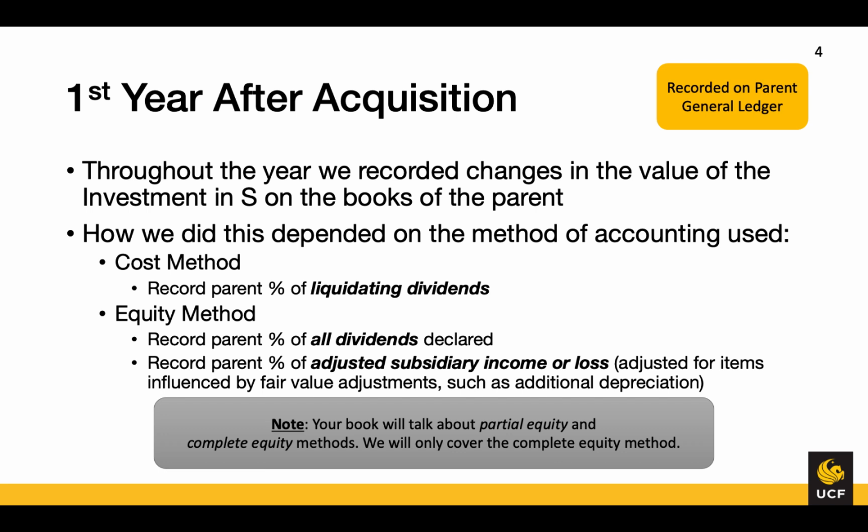It's kind of somewhere in the middle. It's more accurate than the cost method, but not as accurate as the complete equity method. It's easier than the complete equity method, but not as easy as the cost method. So it sort of lives somewhere in no man's land, and so it's not really the easiest and it's not really the most correct. So we're going to focus on the easy one and the most correct, and then we'll just talk about partial equity in passing.